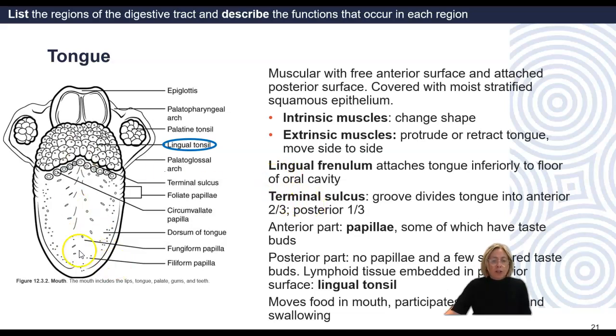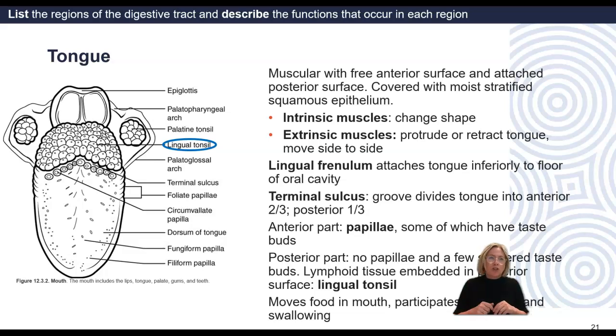Okay, if we go back here to the tongue, it contains this terminal sulcus, which you're looking at here, which is a groove that divides the tongue into the anterior part, which is 2/3 of all of the tongue, and the posterior part then, which is 1/3. The anterior part contains all of these papillae, some of which have taste buds, allowing us to have that sensation of taste.